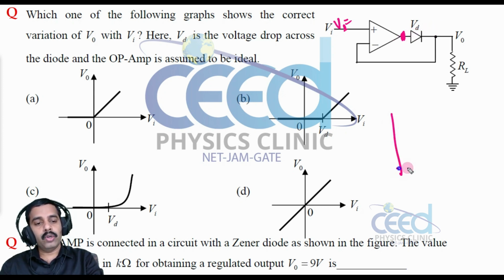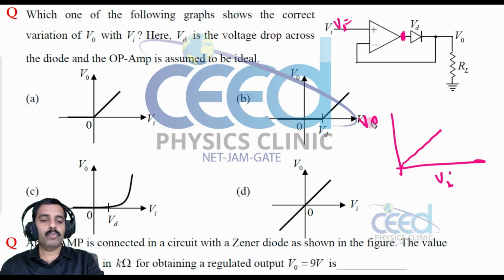So if I draw a graph between input and output, if there is a small rise in input voltage, then there is a rise of output voltage also. Vi equal to 0 means V output is equal to 0, but with a small change in the input signal there is a variation of output voltage.